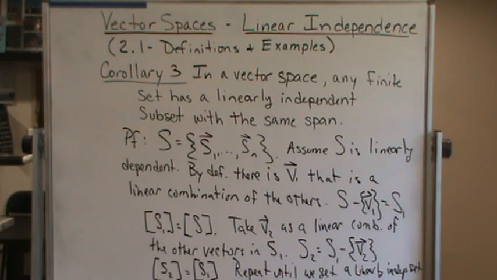If S2 is linearly independent, then we're done. Otherwise, we keep repeating the process until either we find a linearly independent set or we end up with the 0 vector, which is linearly independent anyway. And so we're done.